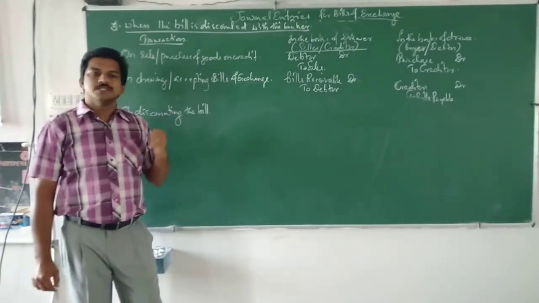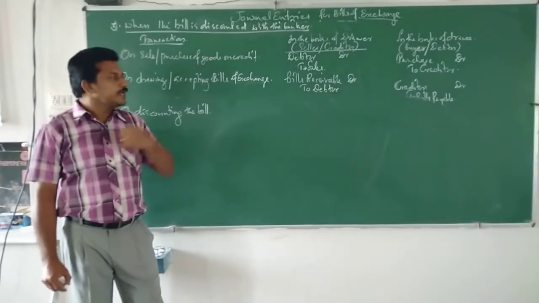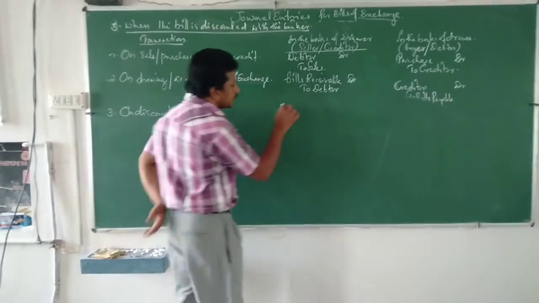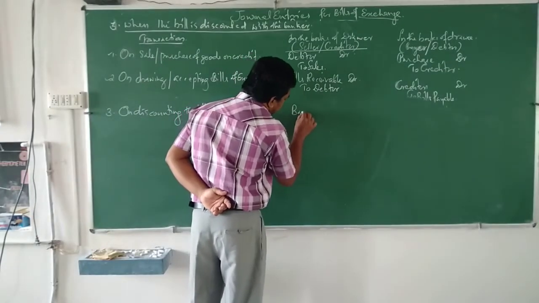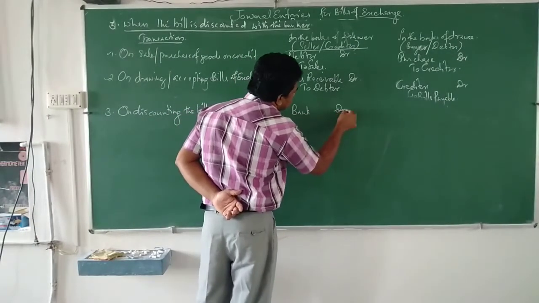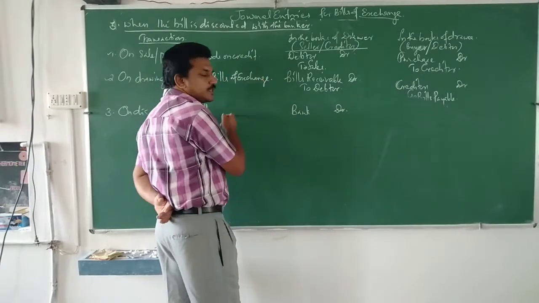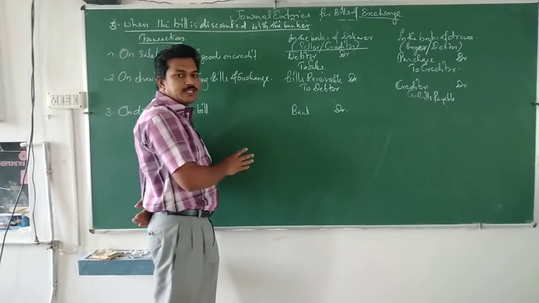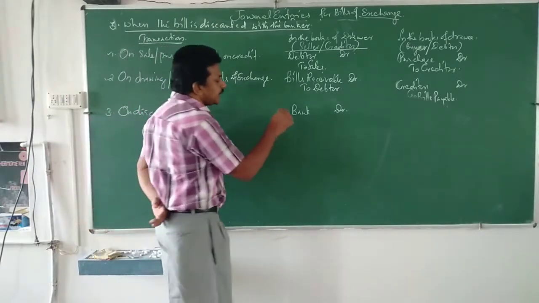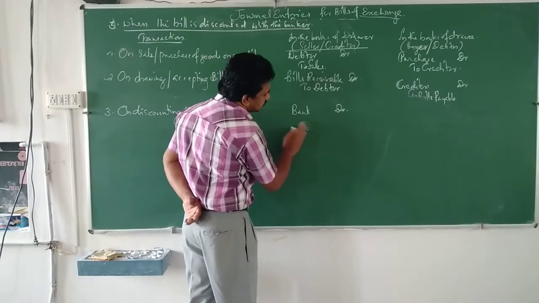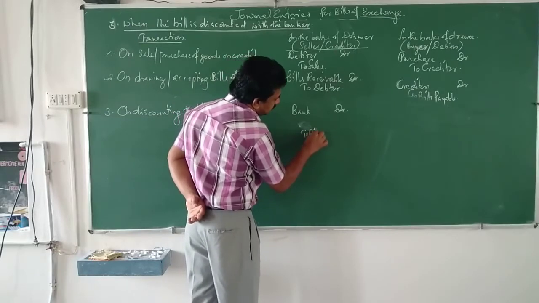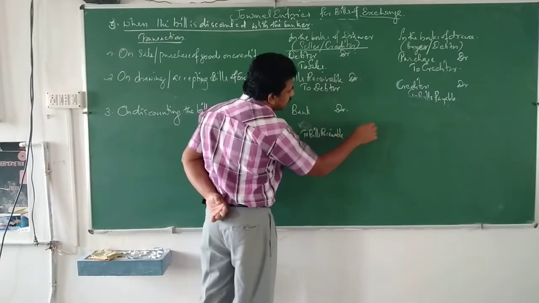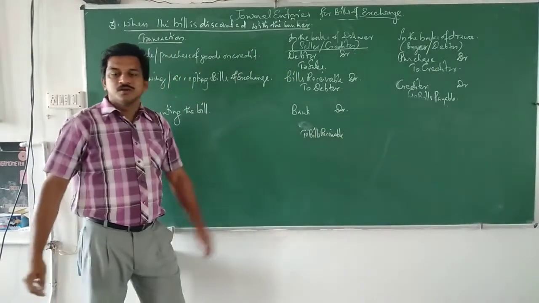What will be the journal entry? He will get the money and this bill will be cancelled. So we will write the journal entry as bank debtor. Suppose this is a 50,000 rupees bill, how much has he got? Only 49,000 he has got, and this bill is cancelled. Bills receivable is cancelled, the amount was 50,000 rupees.